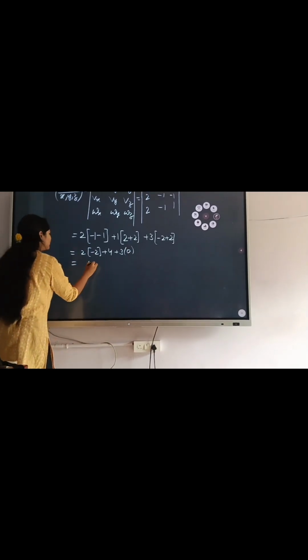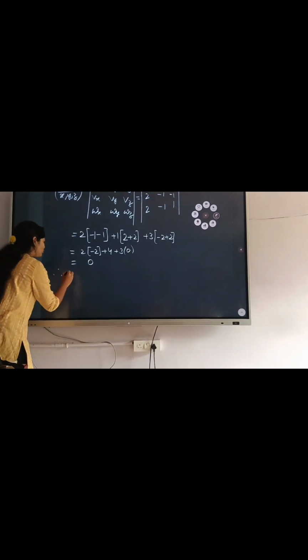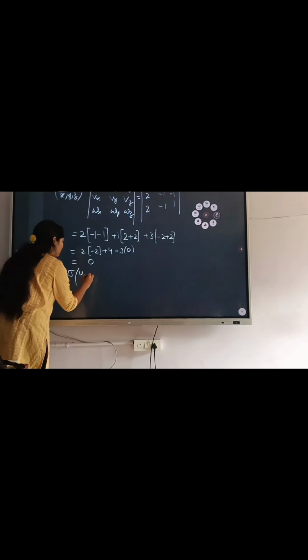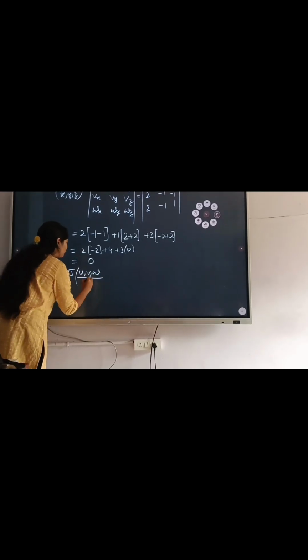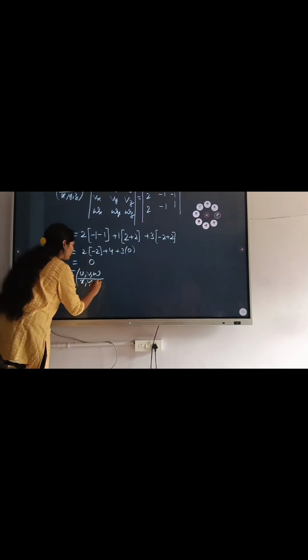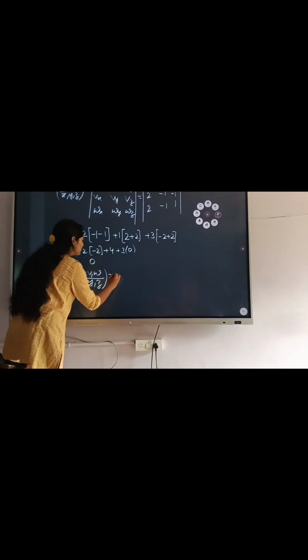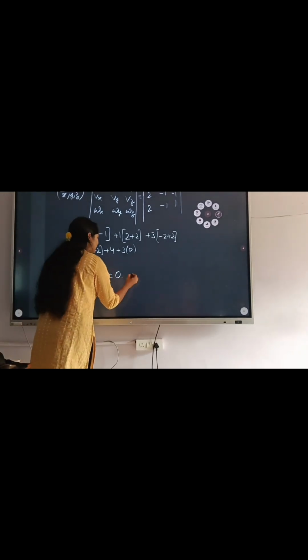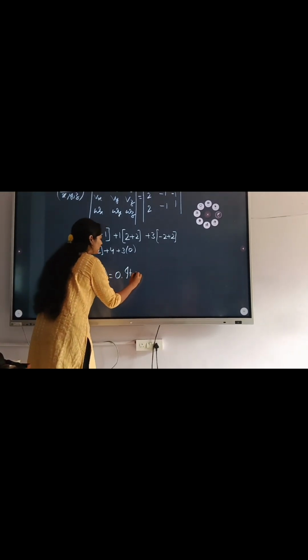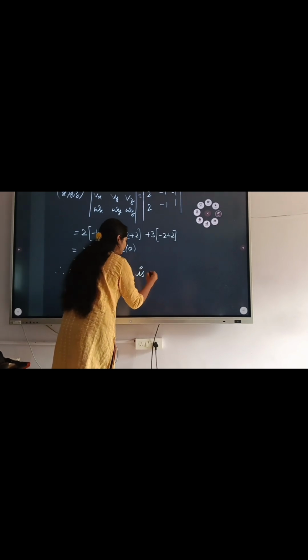That gives us 0. So the Jacobian of u, v, w with respect to x, y, z is equal to 0, which means they are functionally dependent.